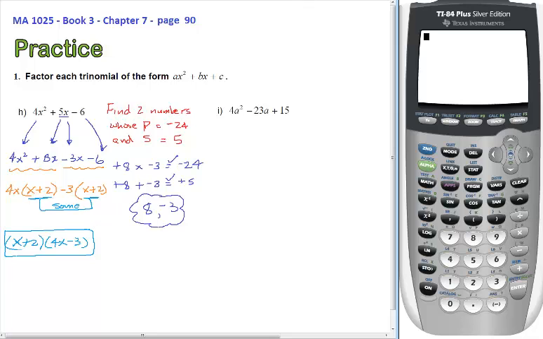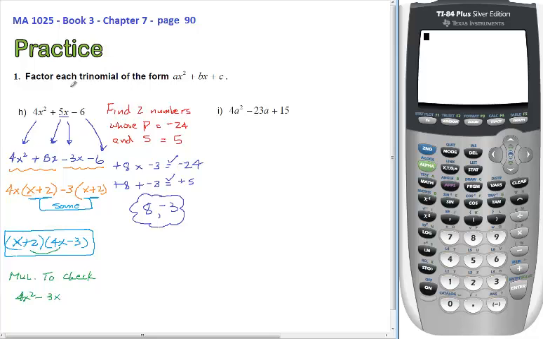Now you can check this by multiplying it back out. Right? You can multiply to check. Take your two factors and multiply them. I would get x times 4x, which is 4x squared. Then I'd get x times minus 3, which is minus 3x.